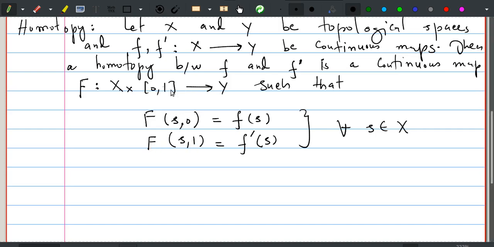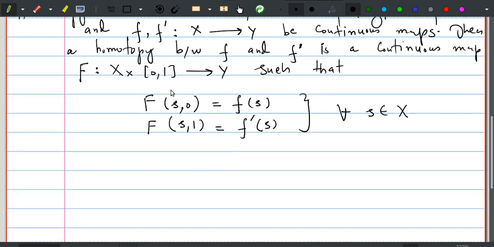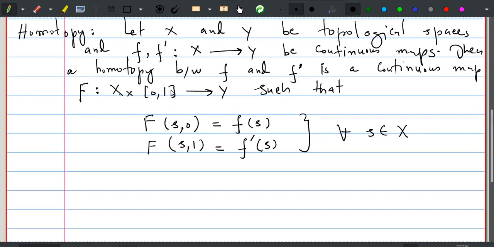So in that case we say that this little f and little f prime are homotopic.